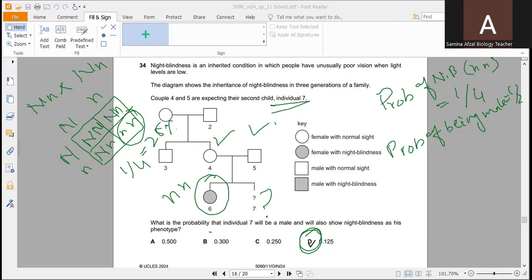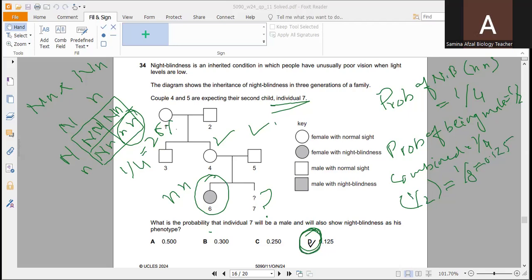So the combined probability, 1 by 4 times 1 by 2, is equal to 1 by 8, which is 0.125.